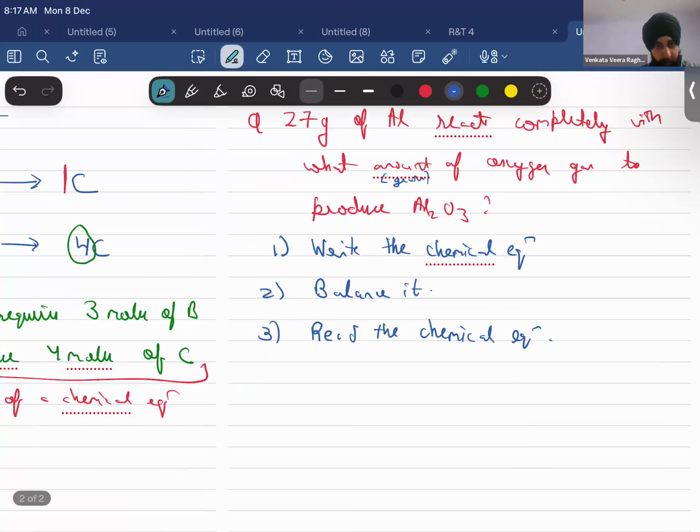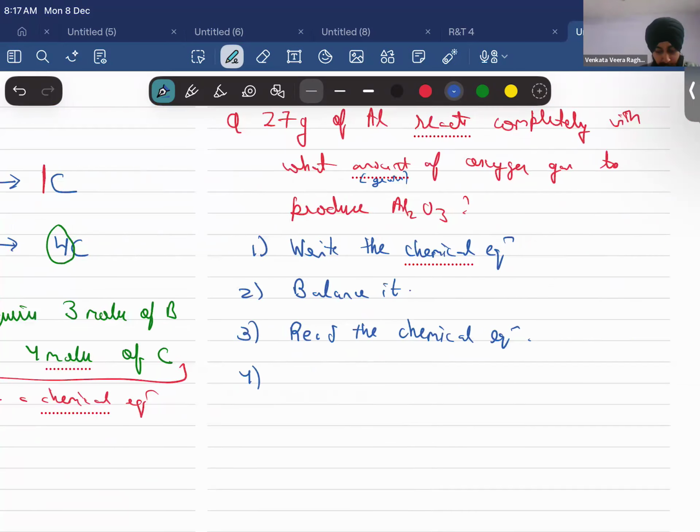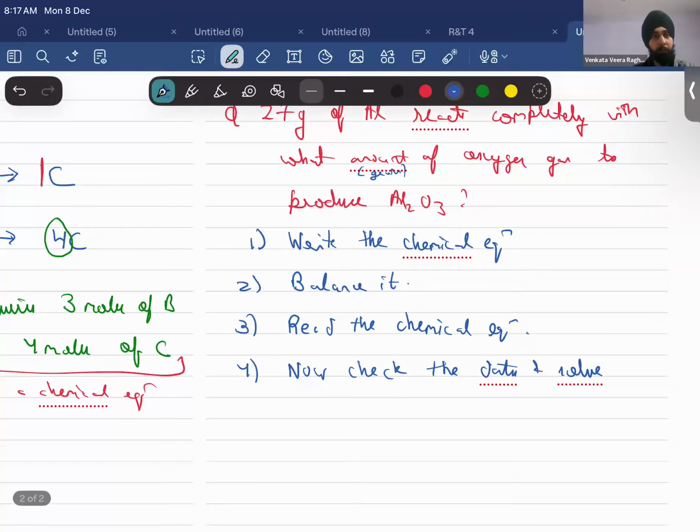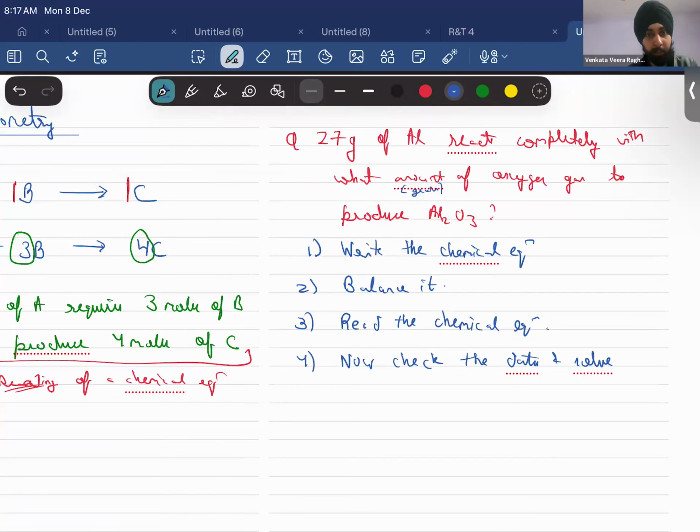So how to read the equation? Something like this, the way I have written in green. And the last step is to check the data. We are not concerned about the data until the end. Now check the data and solve it normally. We will be solving it by simple maths, nothing else.